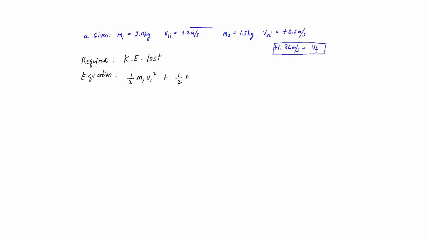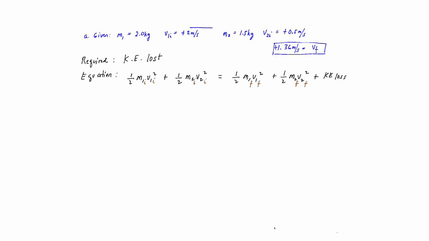Plus 1/2 m2 v2 squared equals 1/2 m1 v1 squared plus 1/2 m2 v2 squared plus kinetic energy loss. Of course, we have an optional note that this one is the initial condition and these are the final condition.